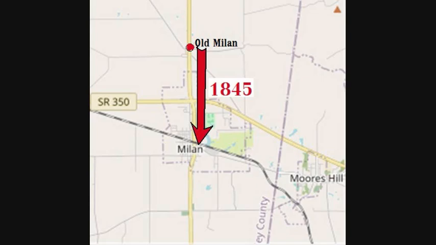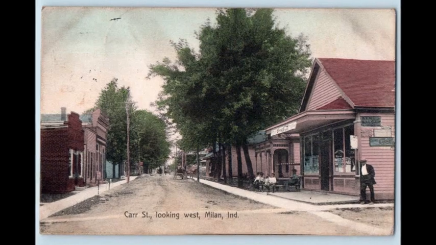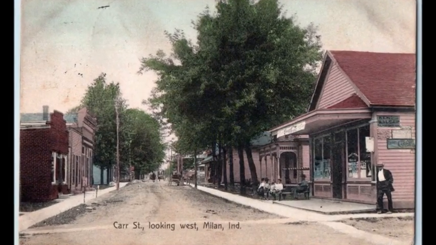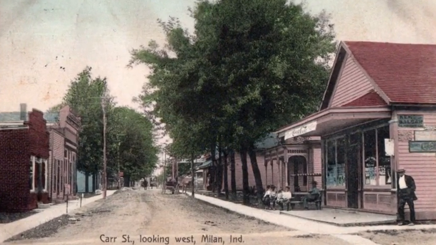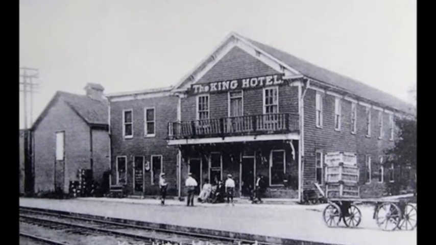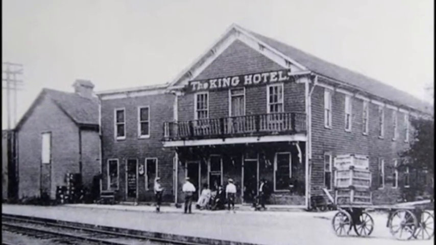The area south of the depot, around Carr Street and Main Street, was the heart of the small town of Milan during the last century. The railroad provided commerce and transportation, passengers, goods.